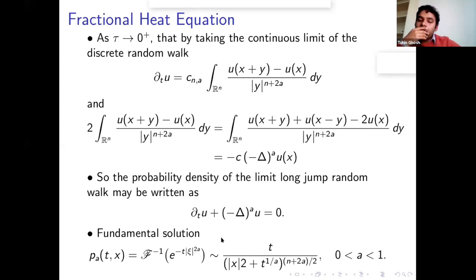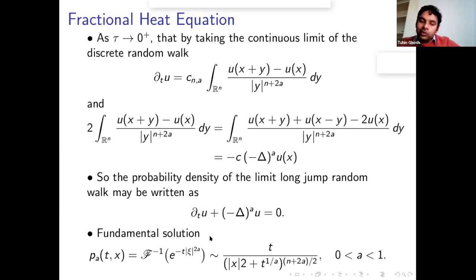Then you get a kind of polynomial decay, so it is very much different. You can see that polynomial decay is slower than exponential decay, and so you can immediately see how the diffusion process is controlled if you just put this A here.